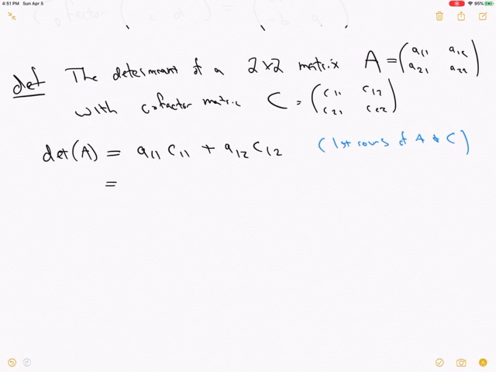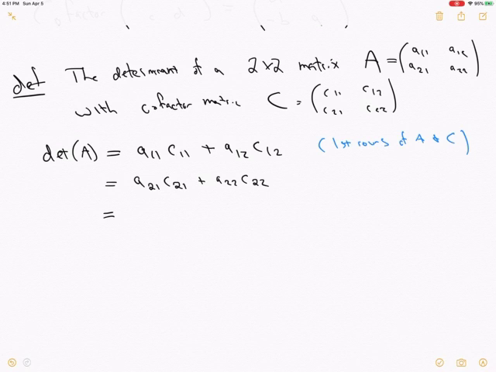You can use this first formula that I just wrote down by multiplying all the entries in the first row. You can do the same thing if you use the second row. So it's A21 times C21 plus A22 times C22. Now we're using the second row, doing the dot product of the entries in the second row. We can also do the same thing going across the columns.